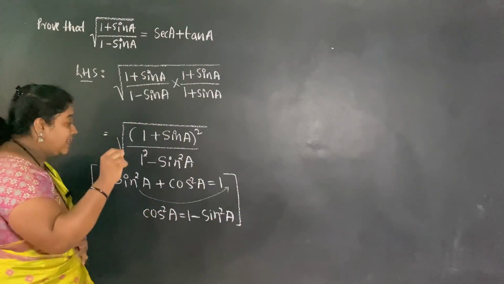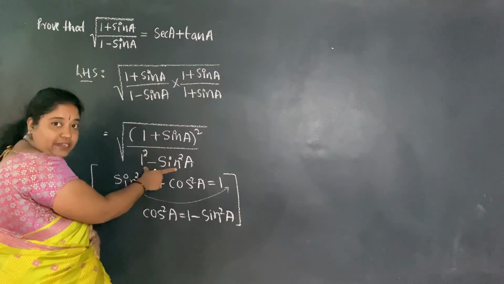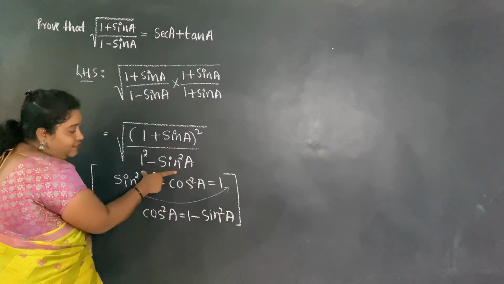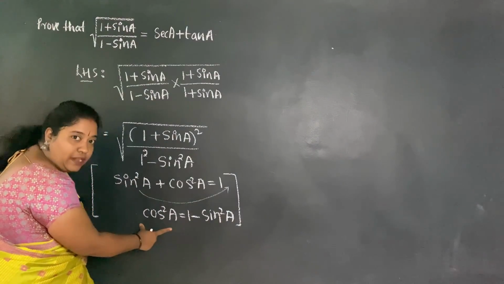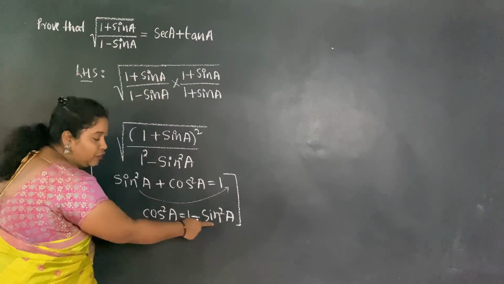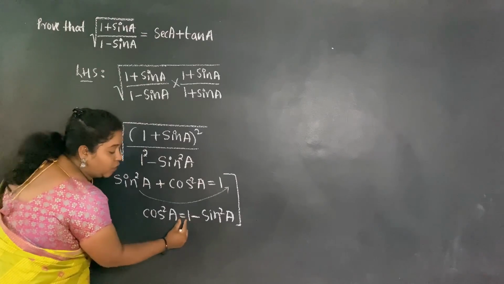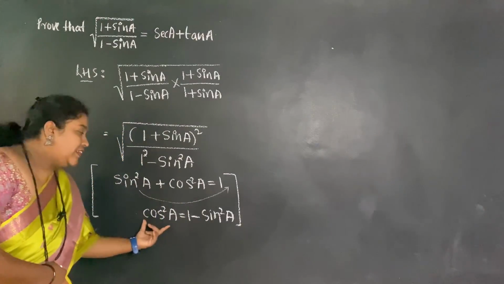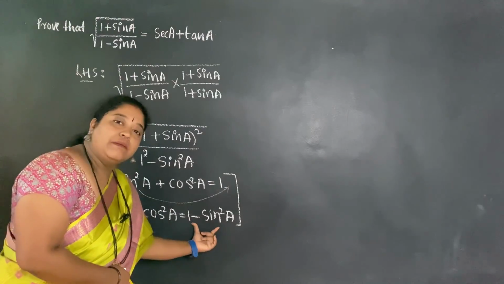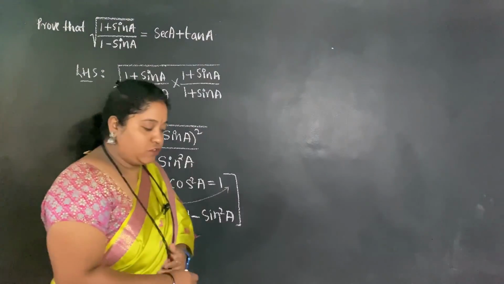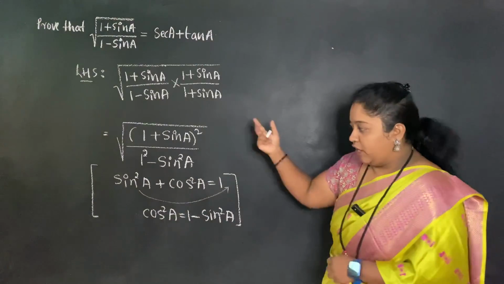Means instead of this 1 minus sine square A, can I put cos square A? Of course I can put, because both the values are equal to each other. Instead of cos square, I can put 1 minus sine square. Instead of 1 minus sine square, I can put cos square. So now what I do, I'll modify the question.